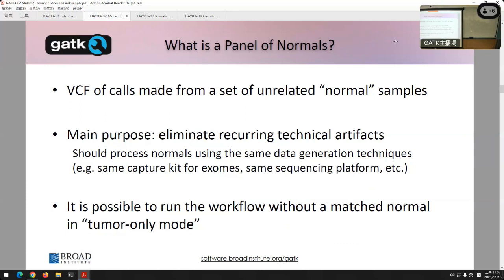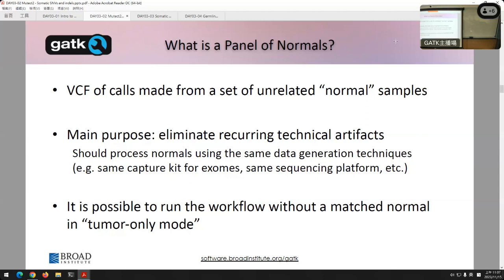I want to point out that even if you don't have a paired normal file to go with it, you only have the tumor samples, you can run it that way. You can also run it without a panel of normals, but I really recommend not running without a panel of normals. Even if you don't have a paired normal file, a panel of normals and also population information from gnomAD, for instance, can really help us make confident calls.